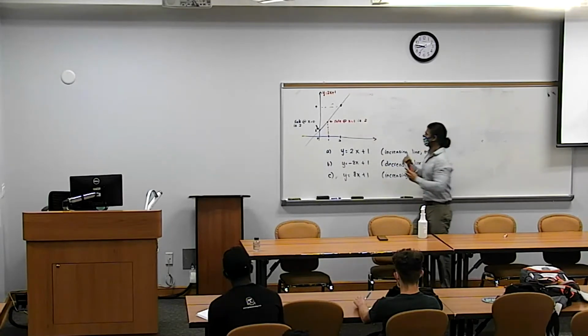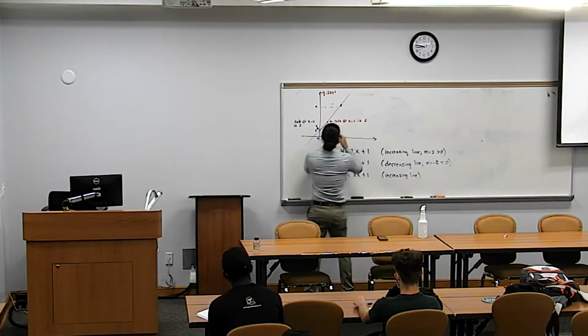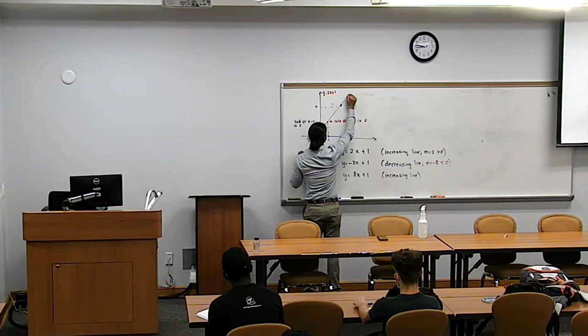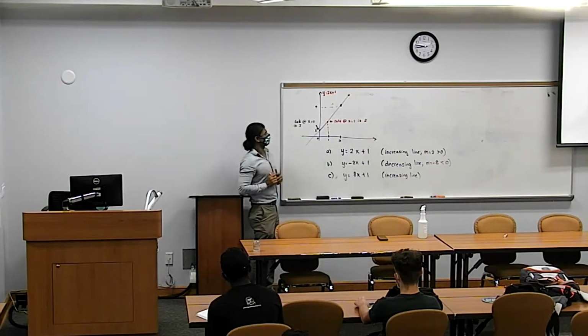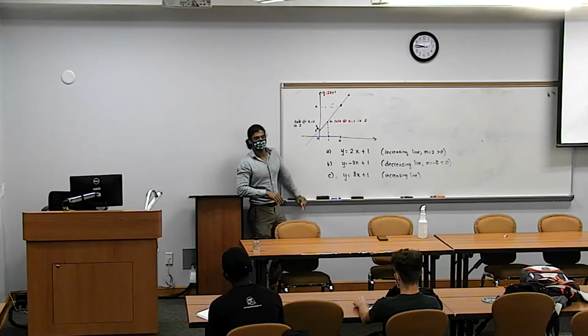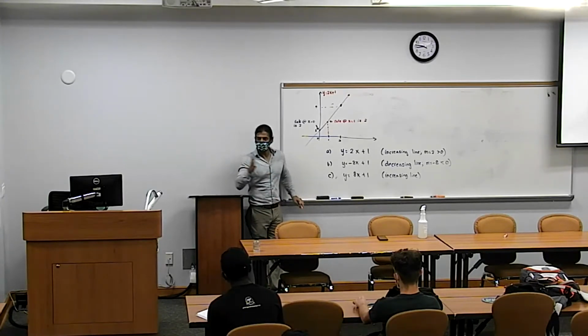What about, I pick an arbitrary point, say this is at 3. I'd like to know the rate at x is equal to 3. What is it? Still 2, right?